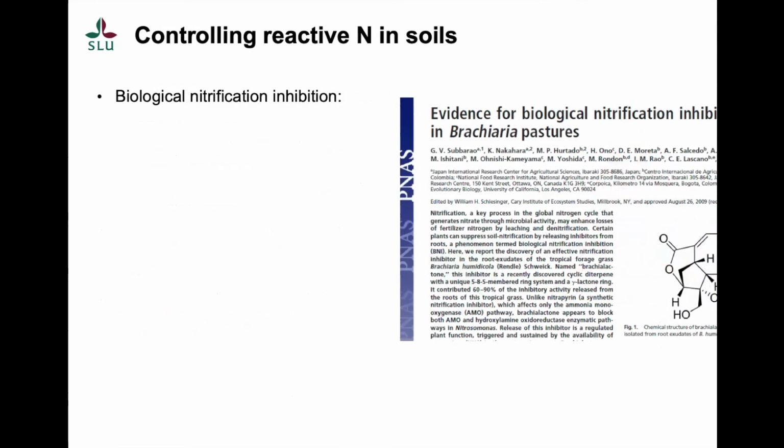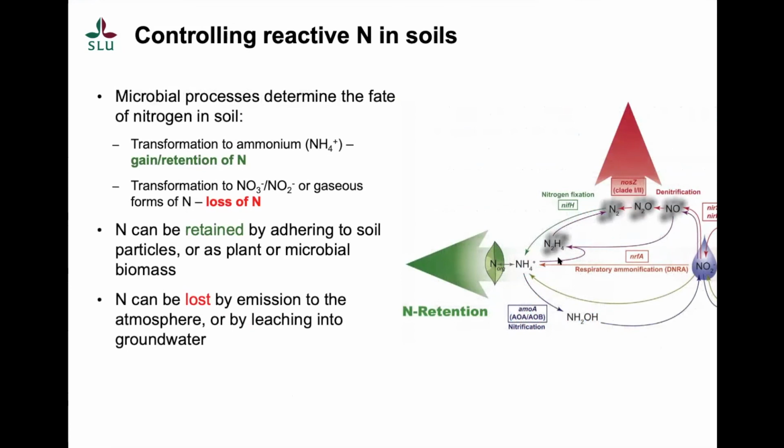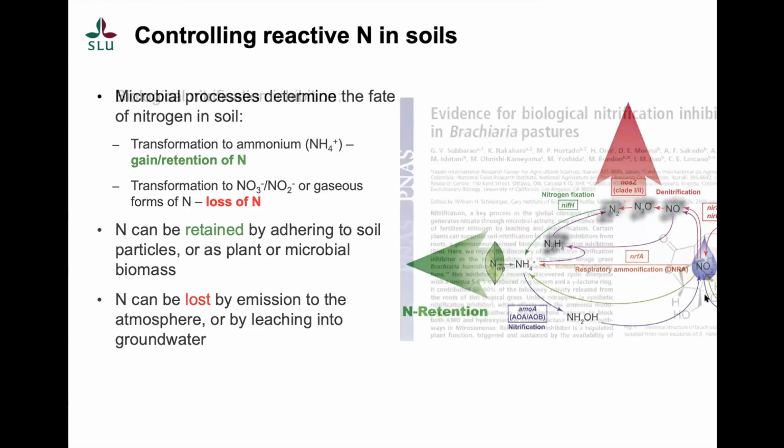One way that people are looking into this is with something called biological nitrification inhibition. So again, nitrification, we're going from ammonia, it's being oxidized and converted into nitrate. This we want to avoid.